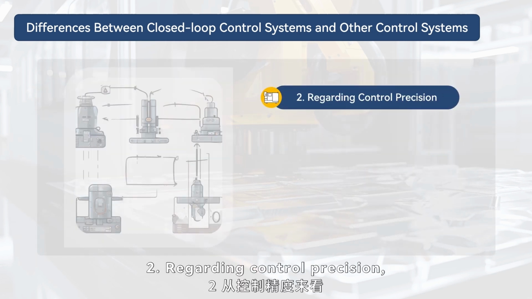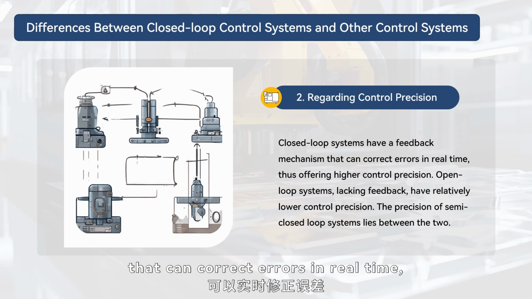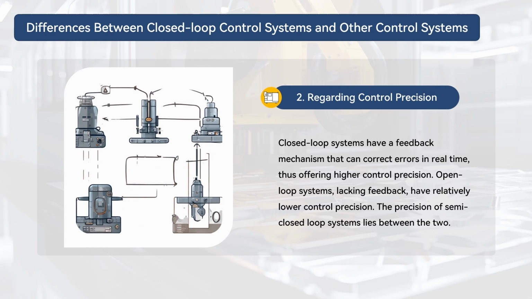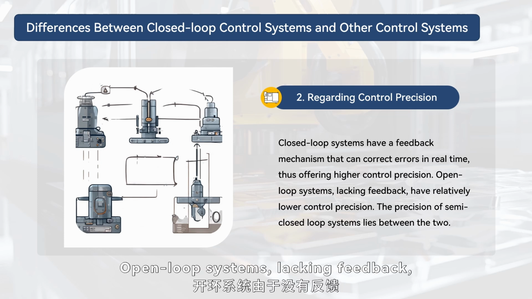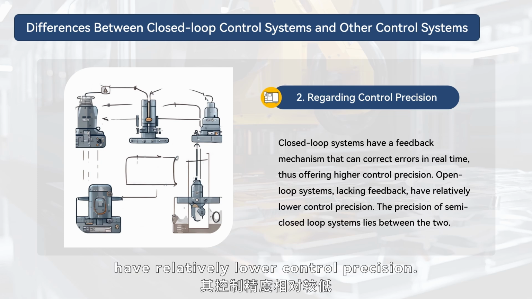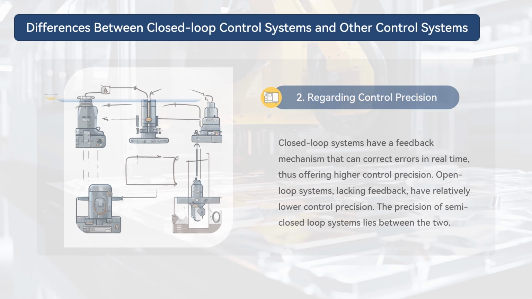2. Regarding control precision, closed-loop systems have a feedback mechanism that can correct errors in real time, thus offering higher control precision. Open-loop systems, lacking feedback, have relatively lower control precision. The precision of semi-closed loop systems lies between the two. 3.